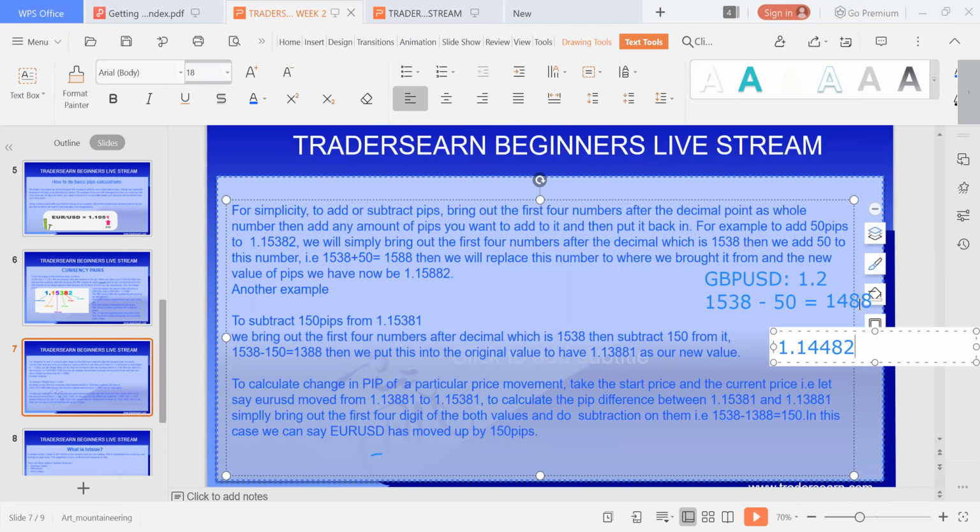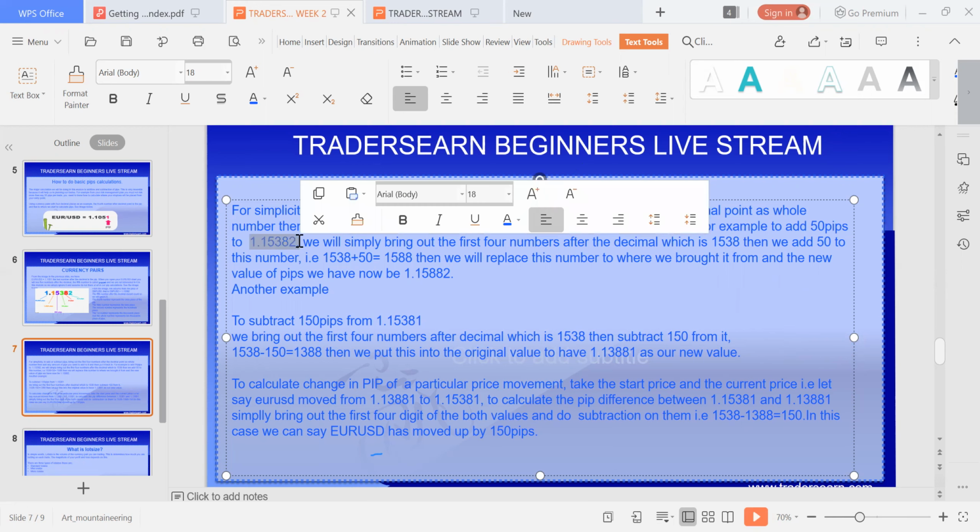On the other hand, if I want to use it to set my target profits, that means I want to add 50 pips to this number. I'm going to do it the same way.